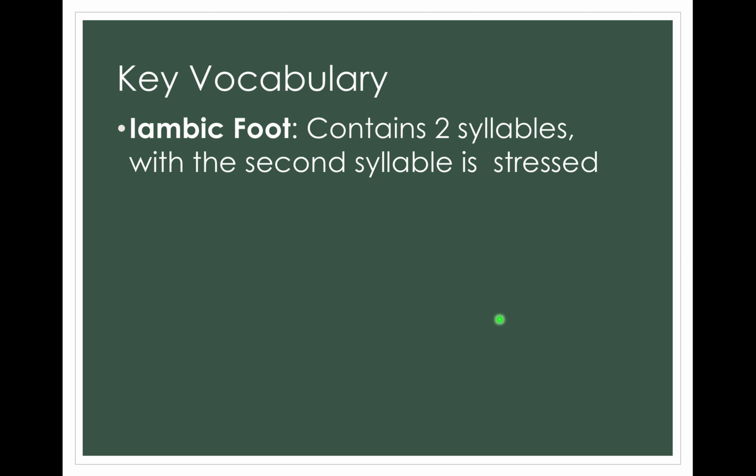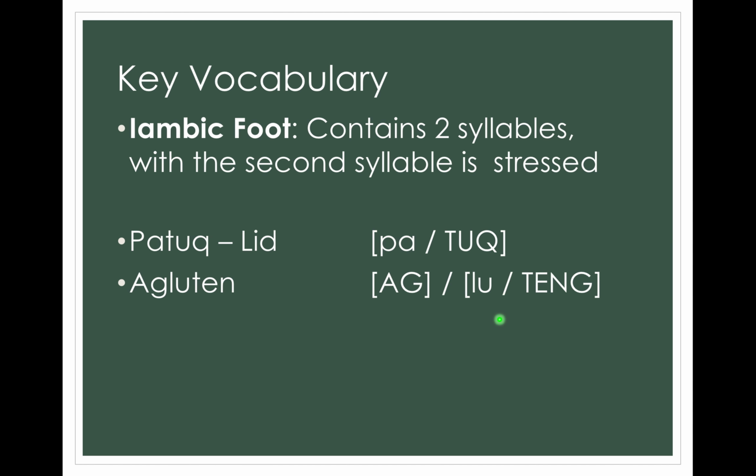Next is the iambic foot. So these contain two syllables. The second syllable is always stressed in an iambic foot. Here are some examples. Padok is lid. Padok. The second syllable is stressed, but both syllables are within the brackets, and so those two syllables make one foot.